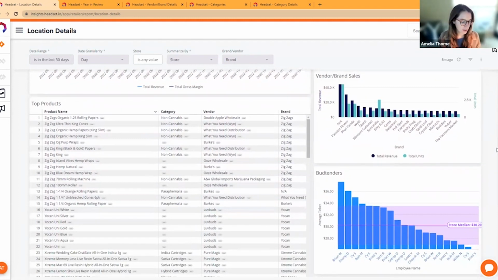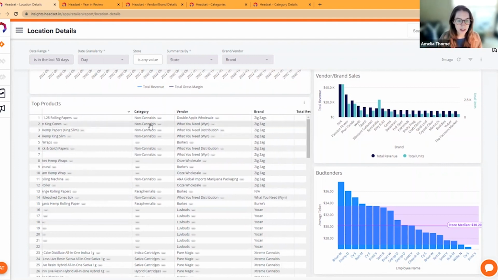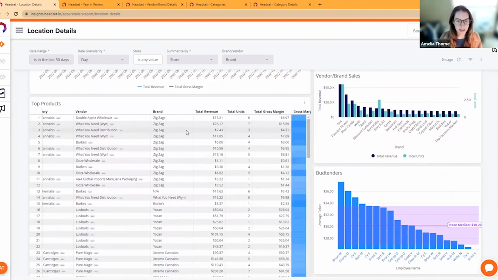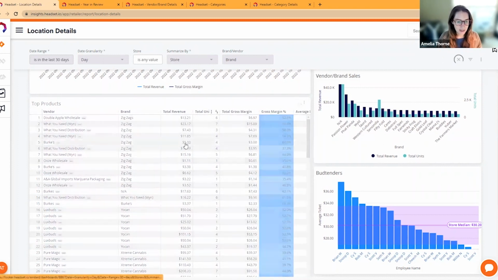Down here, we have our top products table. I like to call this our choose your own adventure table because you can really sort it however you feel is most important. So for example, if you want to know what your most popular product is by number of units, you can sort it that way. If we scroll over to the right a little bit here, we can sort by total units.